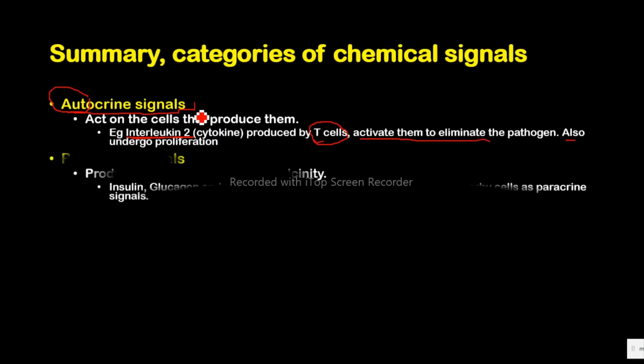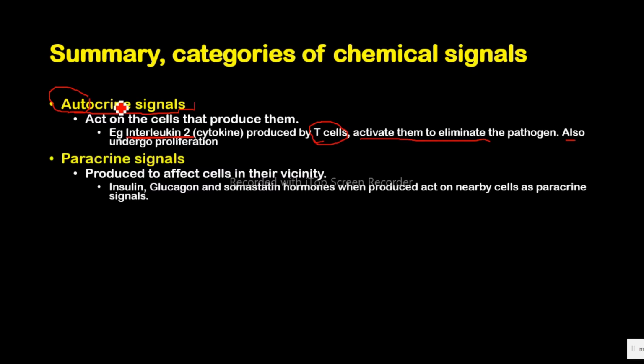Another class of chemical signals are the paracrine signals. Now this one is produced by a cell.